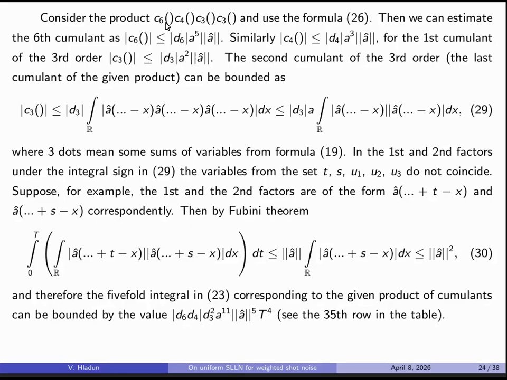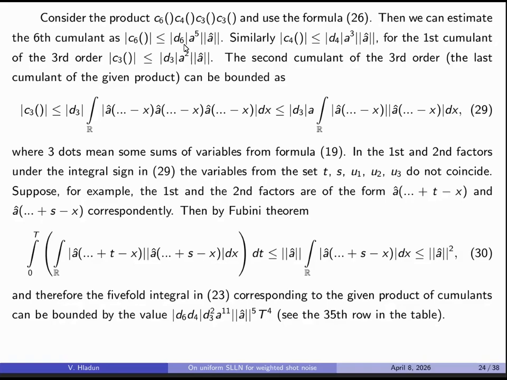Consider the product of such cumulants C6 times C4 times C3 and times C3, and use formula 26.